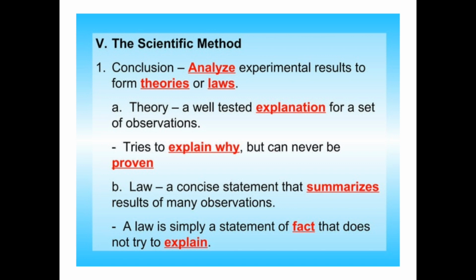However, please note that for theories, when you have explained and tested your hypothesis very well, it leads to a theory. You have tried to explain why, and to some reasonable extent, based on available resources at that time, it leads to a theory.